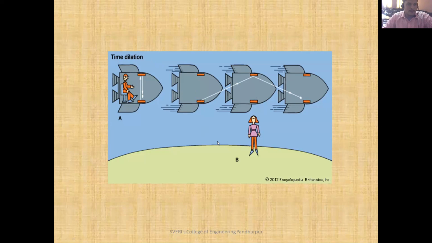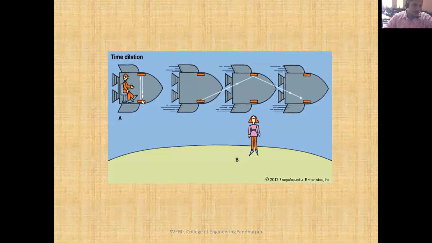Here I have shown it just by a pictorial view. Two things are there, capital A and capital B. These are nothing but observers. One is in this spaceship, moving with the spaceship. Another observer is on Earth, of course, stationary, and the other is moving.